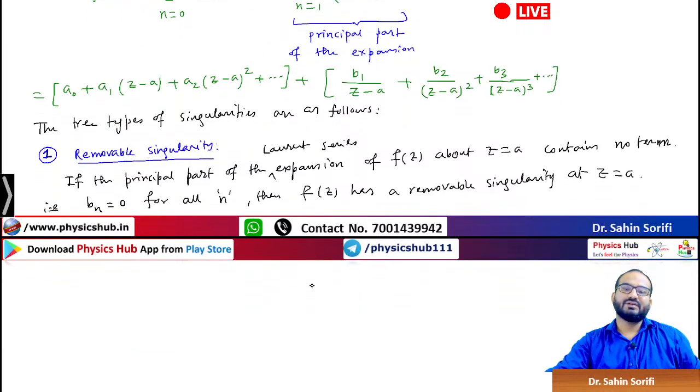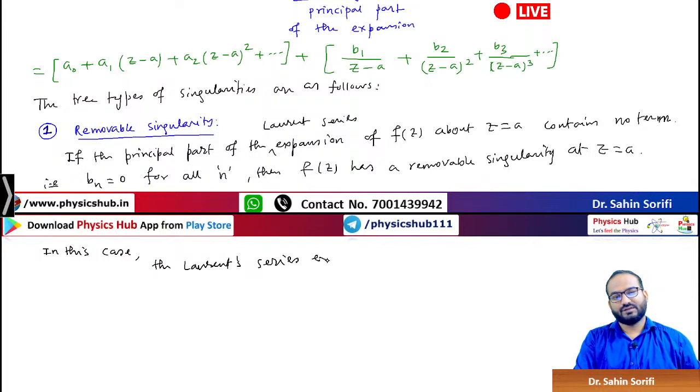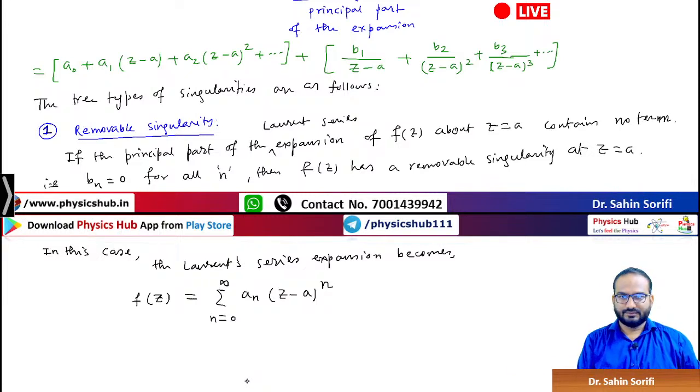So for this removable singularity, the Laurent's series expansion becomes f of z equals the sum from n equals 0 to infinity of a_n (z minus a)^n. All the b_n terms are vanishing.